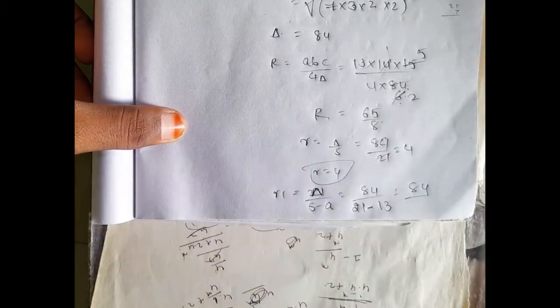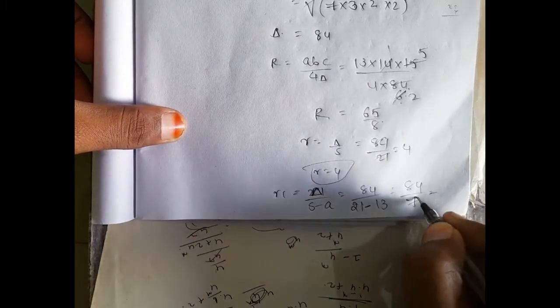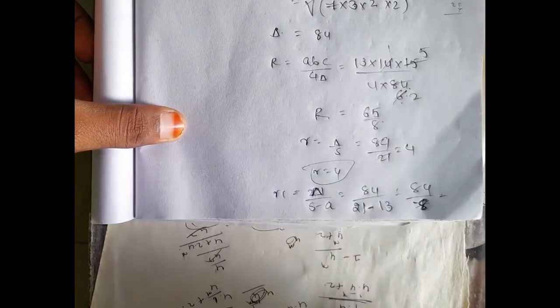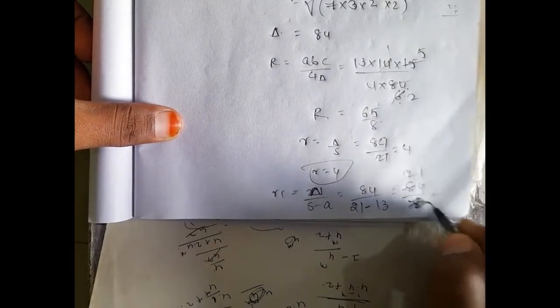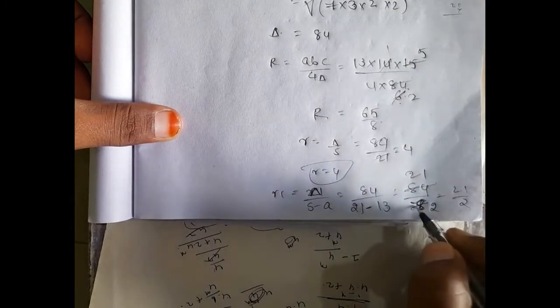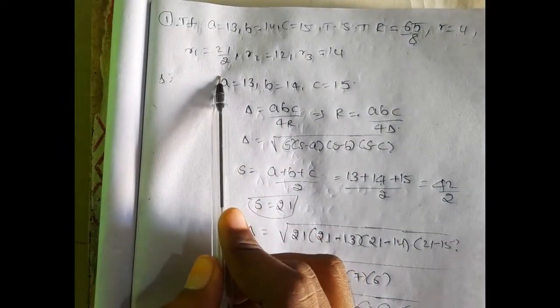So it is 84 by 8. 4 twos are 8... so R1 equals 21 by 2, and we got R1 equals 21 by 2.